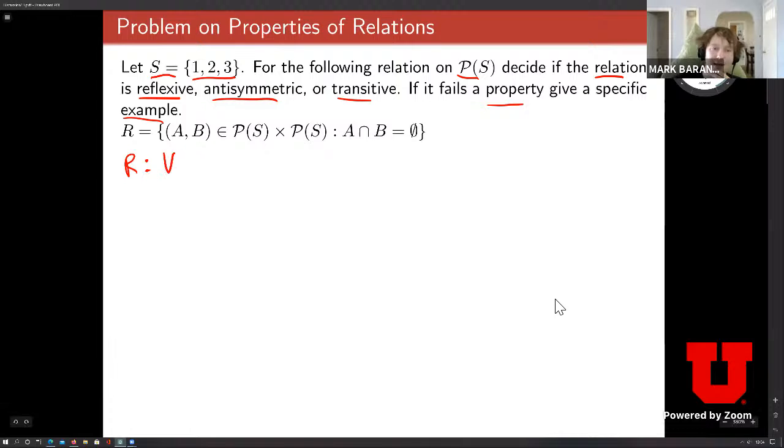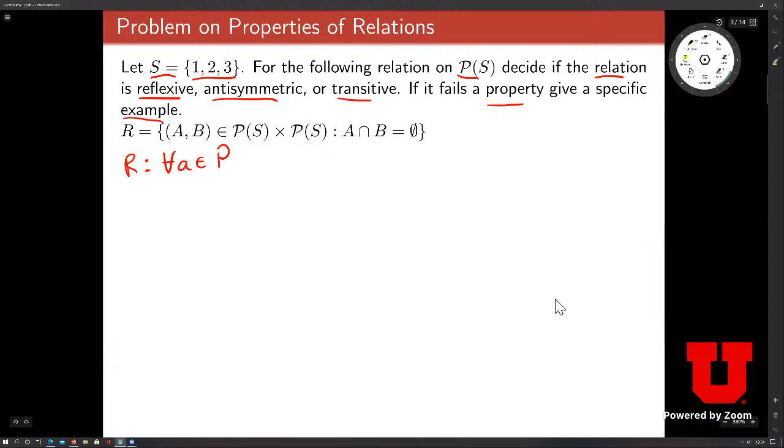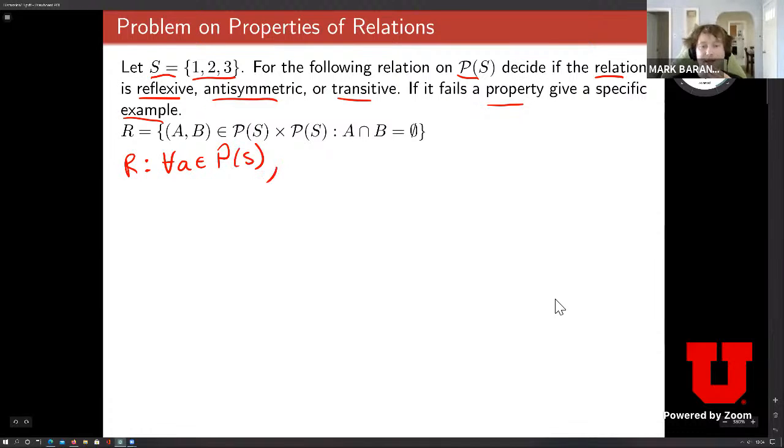Yeah, so for every A in the power set of S, we need to show that (A, A) is in R. Okay, so if we look at the definition of our relation, we have two sets in the power set, and in order to be in the relation, their intersection needs to be empty.